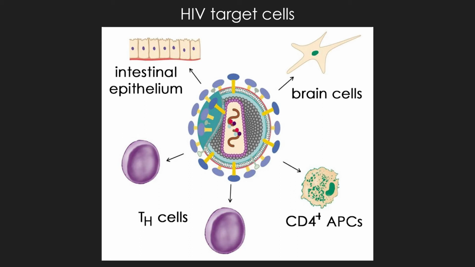Now, what knowing that these targets are available explains for us is some of the symptoms and signs of HIV infection and AIDS, because people who have AIDS oftentimes have AIDS-associated dementia, they have chronic wasting, nausea, vomiting, and you can imagine if the intestinal epithelium is infected, even if it's a dead-end infection, or if the brain cell is infected, even if it's a dead-end infection, if those cells are not operating the way that they're supposed to be, then the body does not behave the way it's supposed to be.